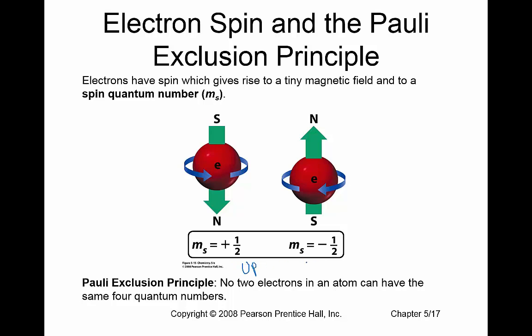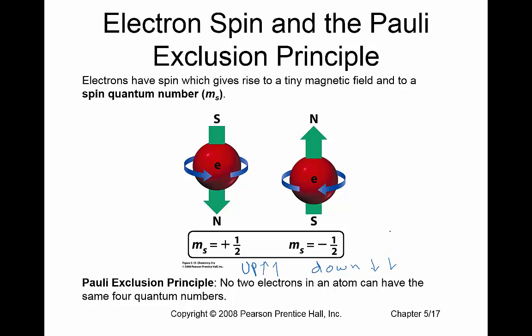Over here, this is spin down. The electron is now spinning, in our model, in the opposite direction, in the clockwise direction, and we're going to call that spin down. Oftentimes we will represent spin up electrons by a little arrow pointing up, or maybe even a half arrow like this. I've only drawn one side of the arrow. Similarly, spin down is an arrow pointing down, or perhaps a half arrow pointing down.